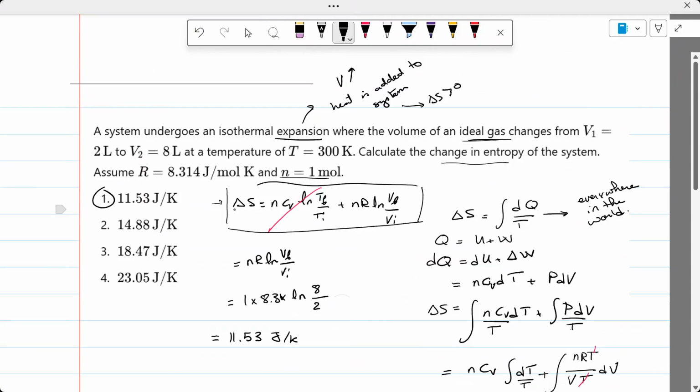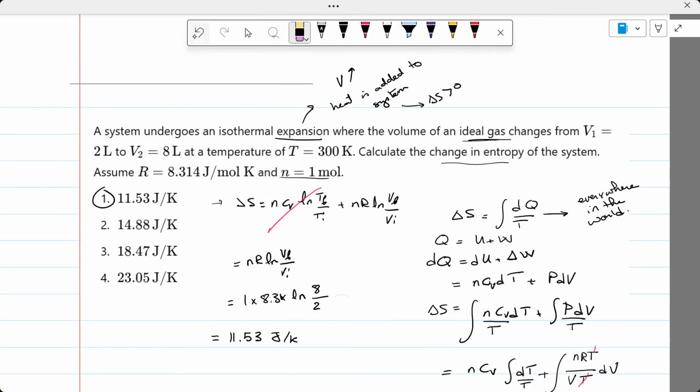What if I told you the ideal gas is an operating substance in an engine? What would be delta S? Okay, it follows this expression, but I already know it's going to be in a cycle, so yes, it's 0. It also has to satisfy this formula. So yeah, we use this formula only for an ideal gas.